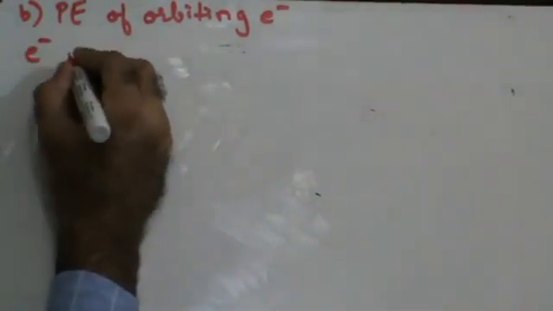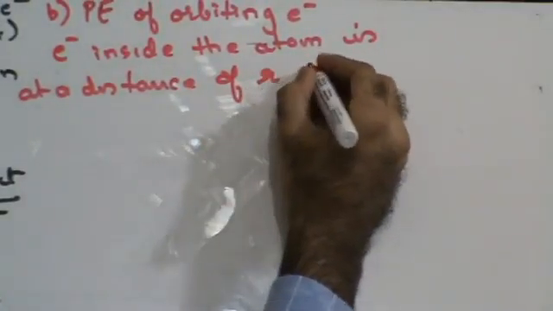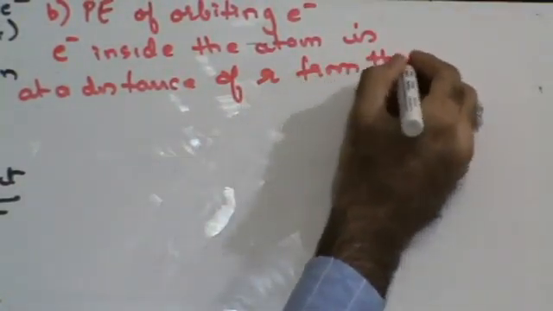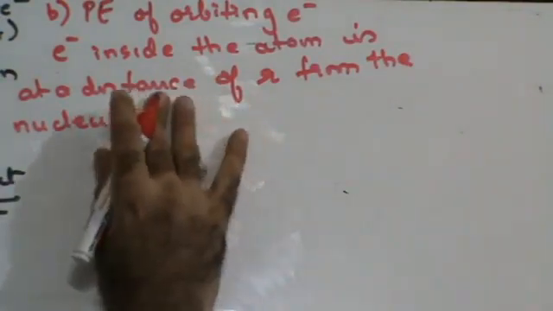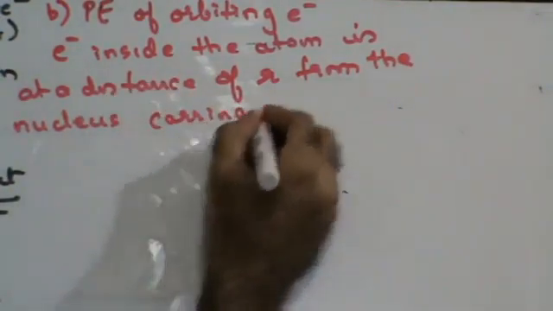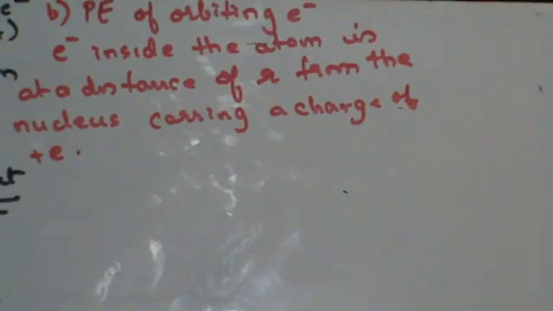Now the electron inside the atom is at a distance of r from the nucleus, and the nucleus carries a charge of plus E.